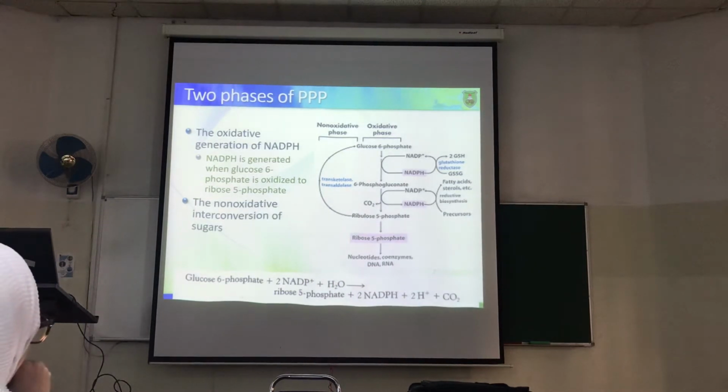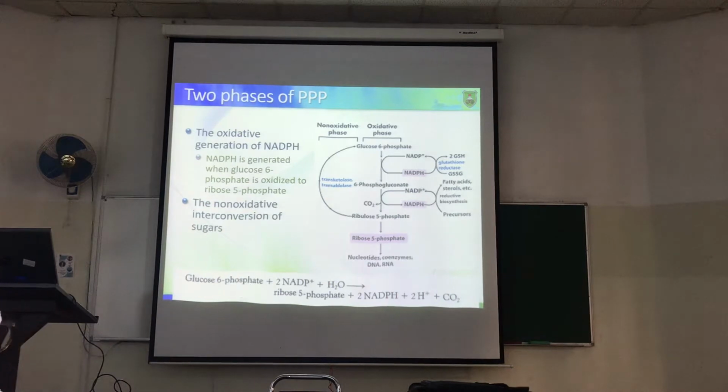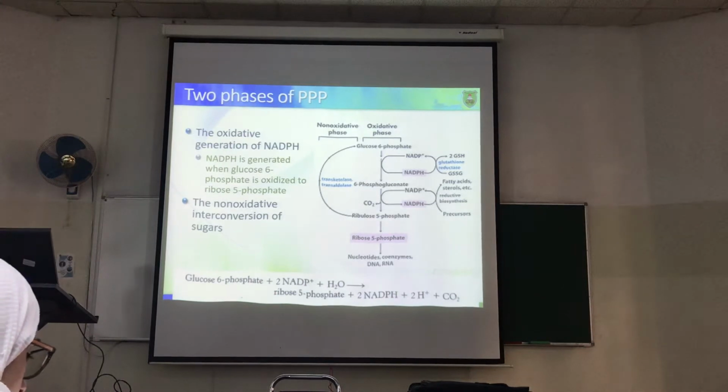But in the oxidative phase, this is the series of reactions where you have conversion of glucose, a 6-carbon sugar, to a 5-carbon sugar. Now you have oxidation of glucose.